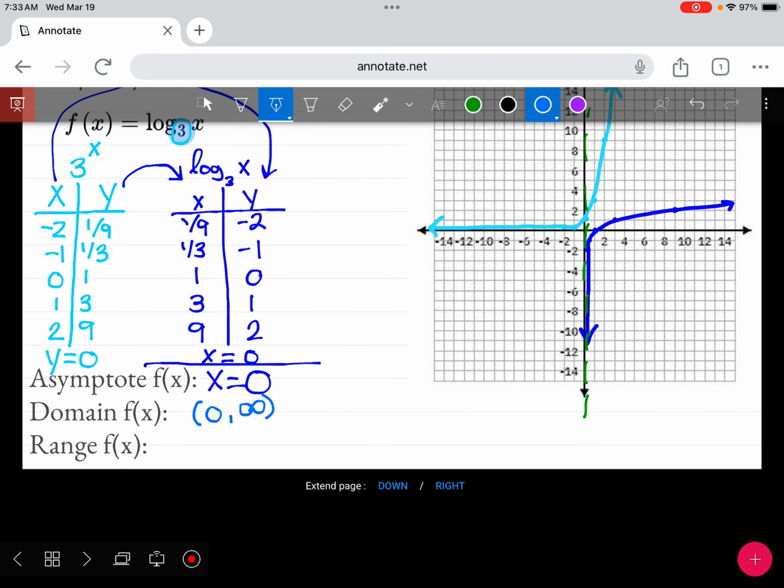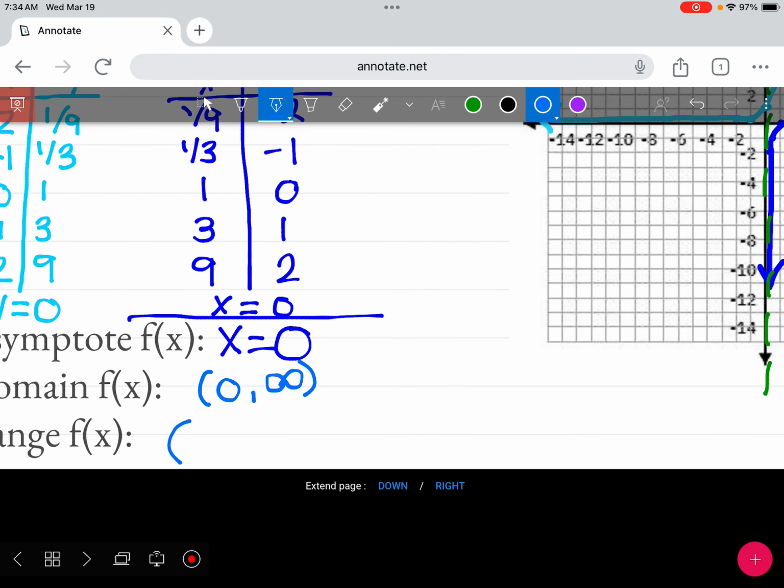What is our range going to be? Think about what was the domain. This is going to be -infinity to positive infinity, because this is still going up. It will continue to go up.